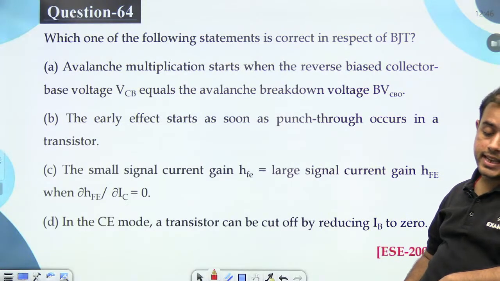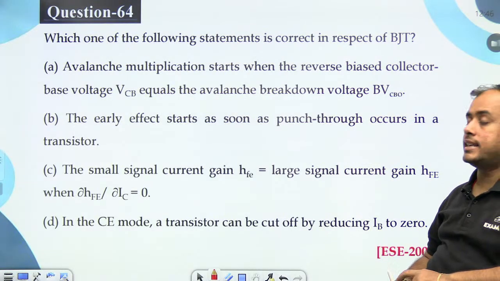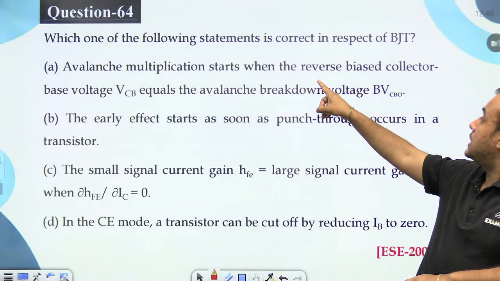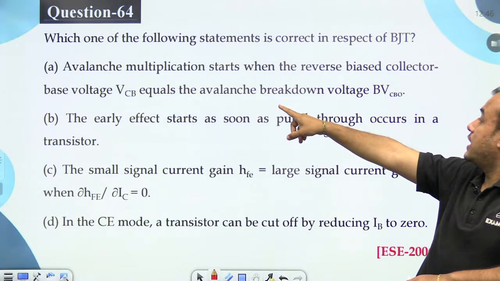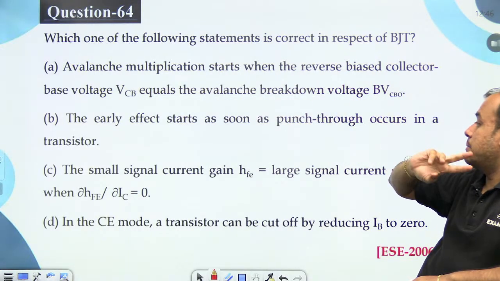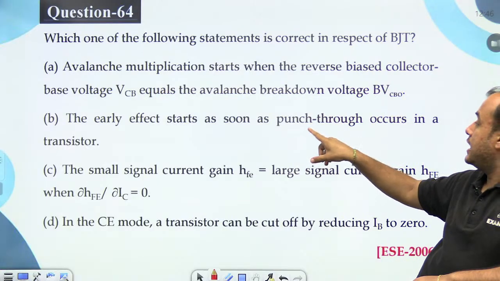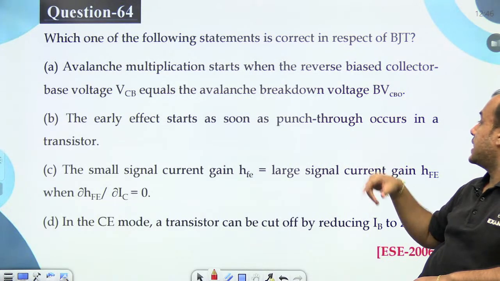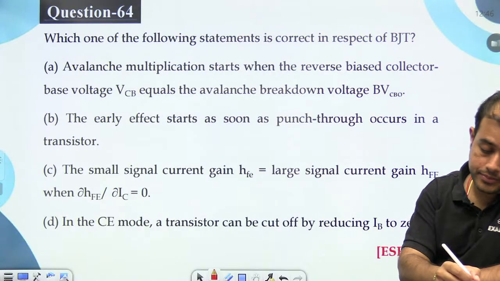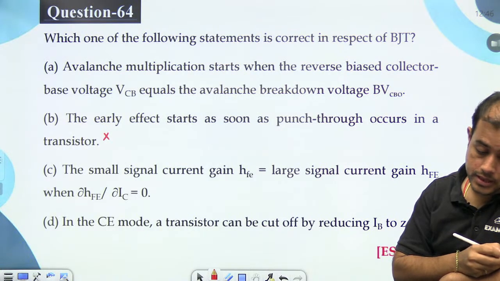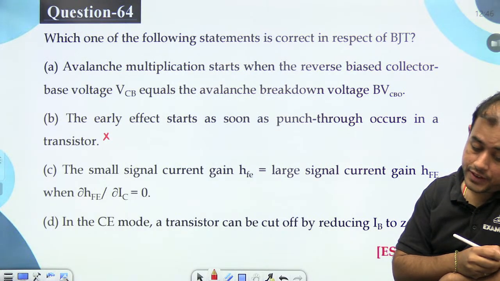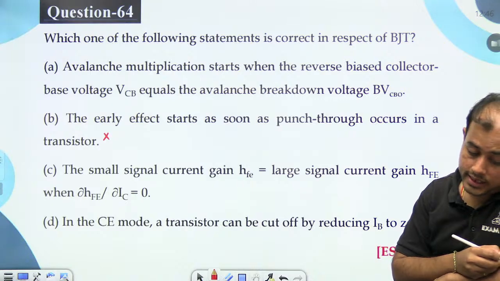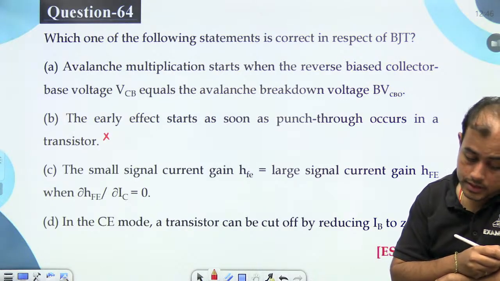ESE 2006, correct with respect to BJT. Avalanche multiplication starts when VCB equals BVCBO. Early effect starts as soon as punch through occurs. नहीं. Okay. Small signal HFE is equal to large signal current gain when del HFE by del IC is 0.